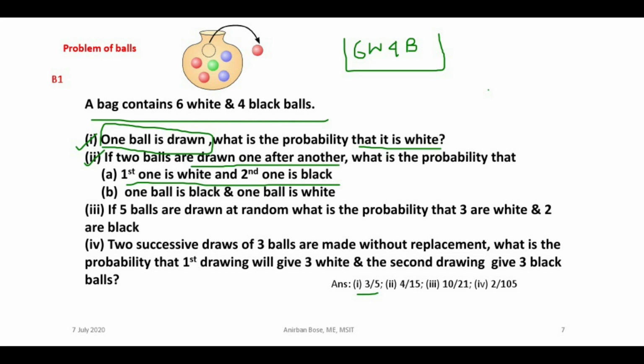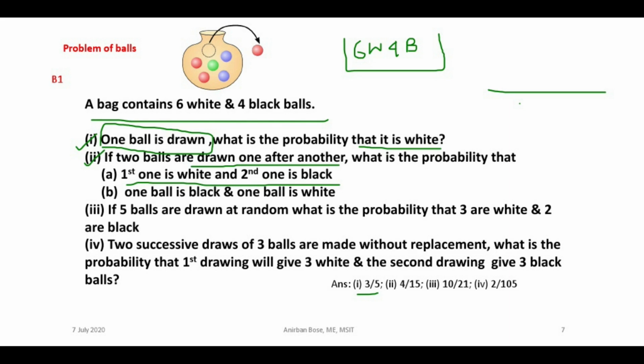So this is a special kind of problem, since in the event the concept of order is there. When you are calculating the total possible outcomes, you consider order. If you consider the order, then in place of combination you have to consider the permutation.